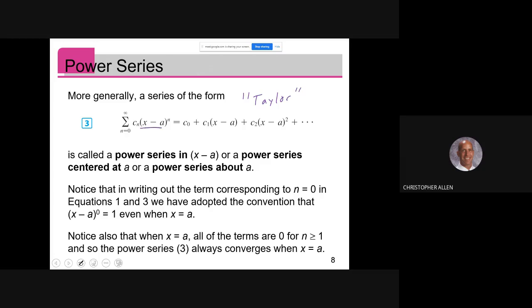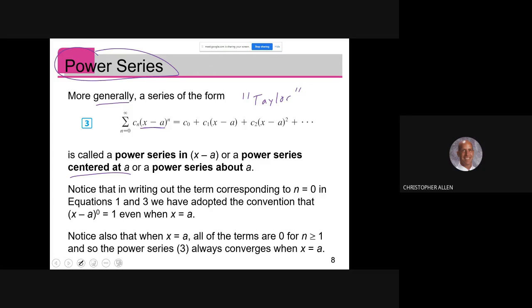The only difference between this slide and the one from earlier is that instead of x and x squared and x to the third, it's x minus a, then x minus a squared, etc. This is the general form for a power series. Hopefully you understand why it might be called a power series. Think about what the power rule is in calculus. We would say that this is a power series in x minus a, or a power series centered at a, or a power series about a.